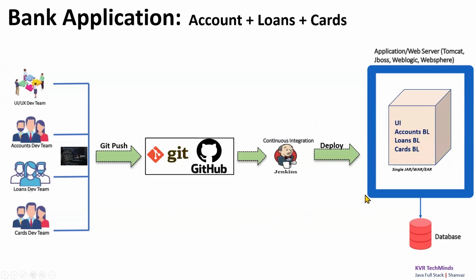So why should you know? There should be some difference between you and other Java people. For example, some 100 people are there, and all 100 people know Java. So why should a recruiter recruit you? You should know some special technologies compared to the other developers.